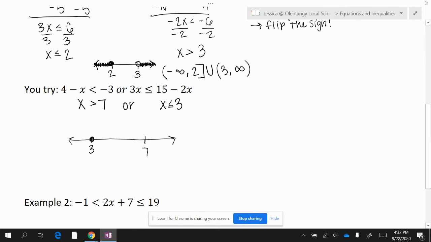X is less than or equal to 3, or x is greater than 7. And then the interval notation, negative infinity to 3, union 7 to infinity. If you did not get that right, hopefully you see where you made your mistake. If not, come into class and ask me what happened.